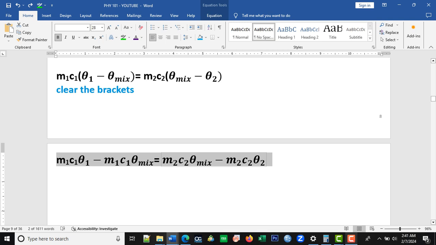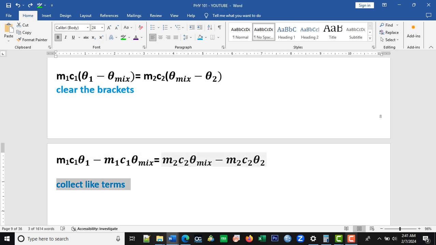Okay, so now that we have been able to clear the bracket, since we are trying to solve for θ mix, all we need to do is to collect like terms. So I had to write it there so you see clearly the next step to do. Like terms means that all those ones that come with θ mix, we are going to bring them to one side, and the other expressions that do not have θ mix would be kept on the other side.